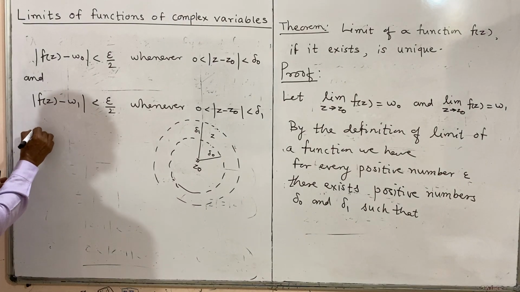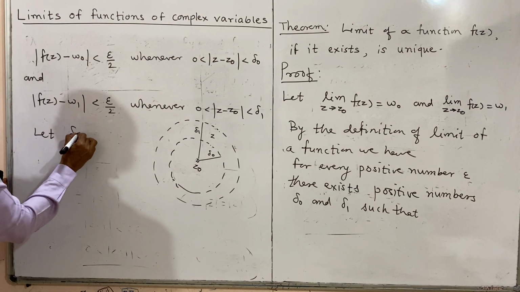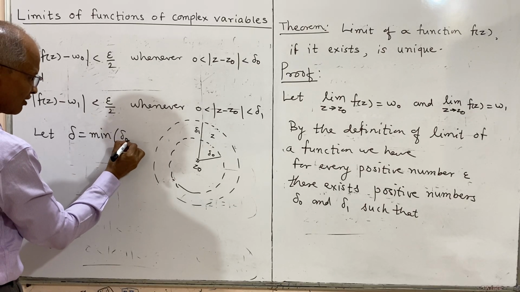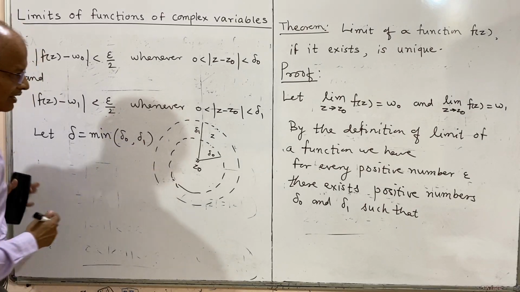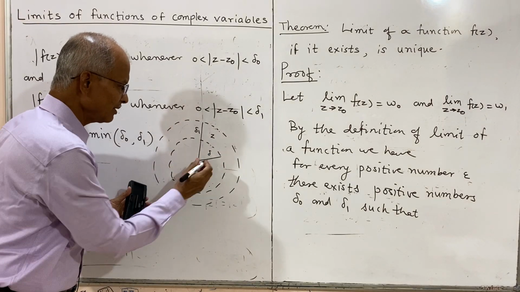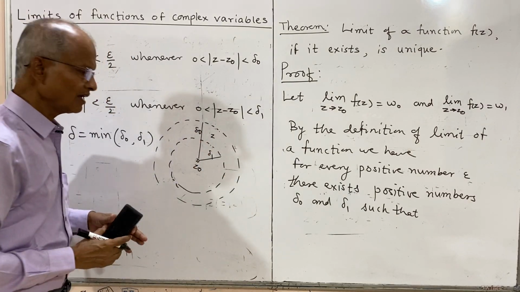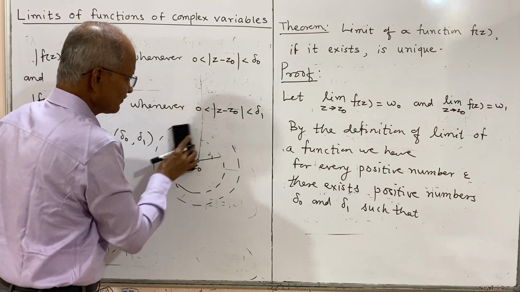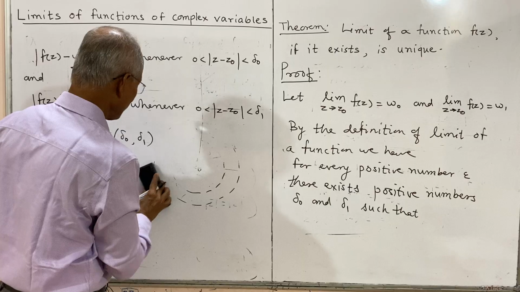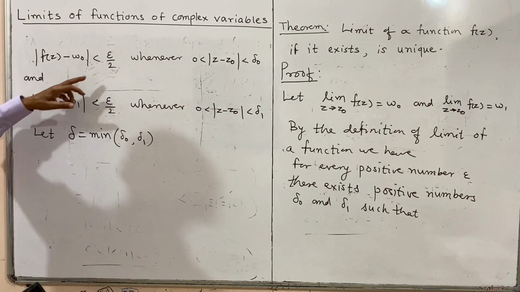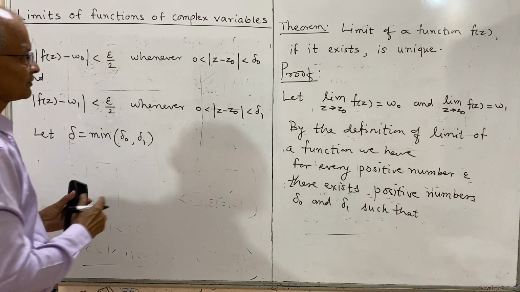For that purpose let delta be equal to the minimum of delta naught, delta 1. It may happen that this is the minimum and this is greater, then we have to select delta 1. So that is the meaning of minimum.